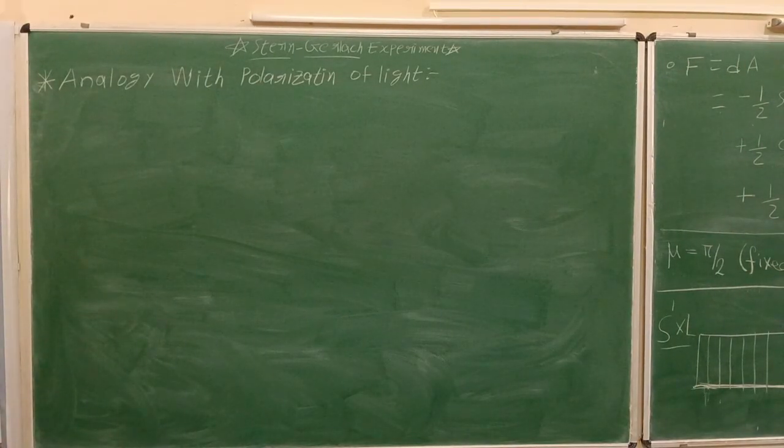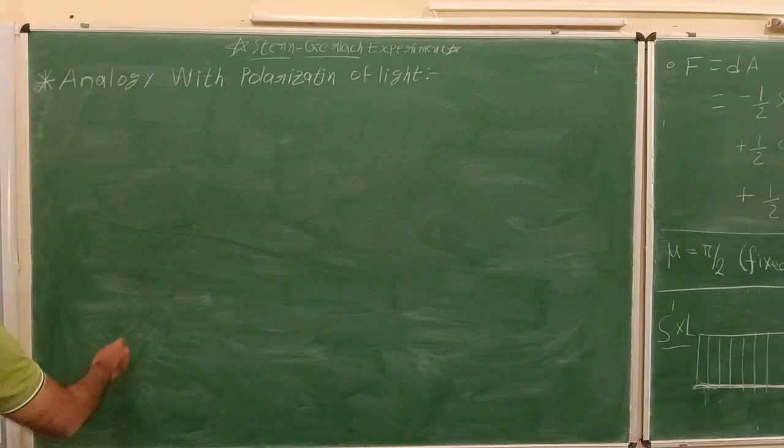So what we have understood in this sequential Stern-Gerlach experiment can be related to classical phenomena, something that is easily visible or easily understandable. There is one analogy that we can relate it to: the polarization of light.